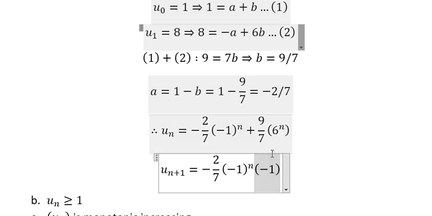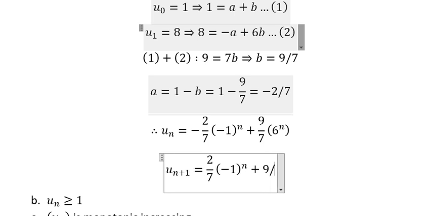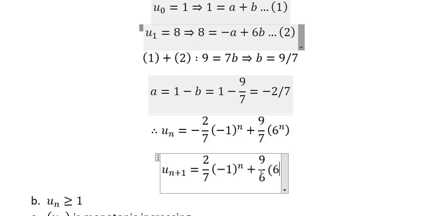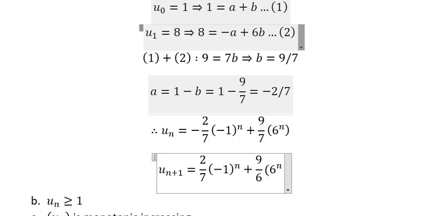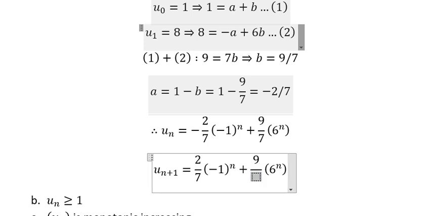Then we have plus 9 over 7 times 6 to the power n plus 1, which is just 6 to the n times 6. 9 over 7 times 6. 9 times 6 is 54.